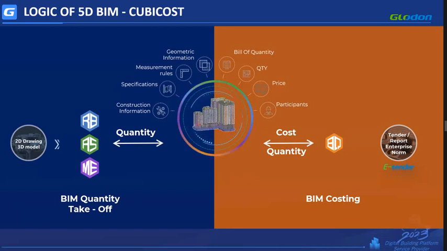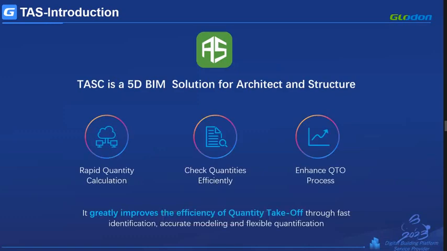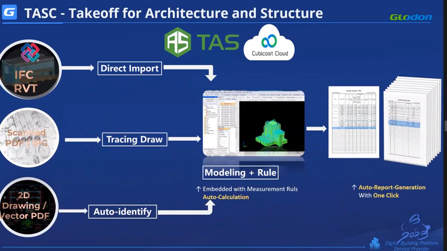And now we are going to go into each aspect of each solution, starting with volume BIM, TAS. So TAS actually is a 5D BIM solution for architecture and structure. The logic is very simple.